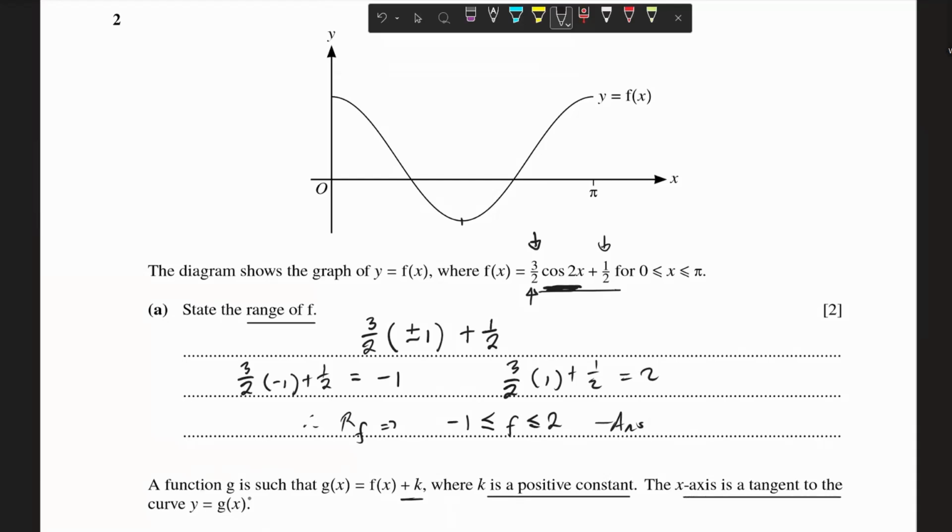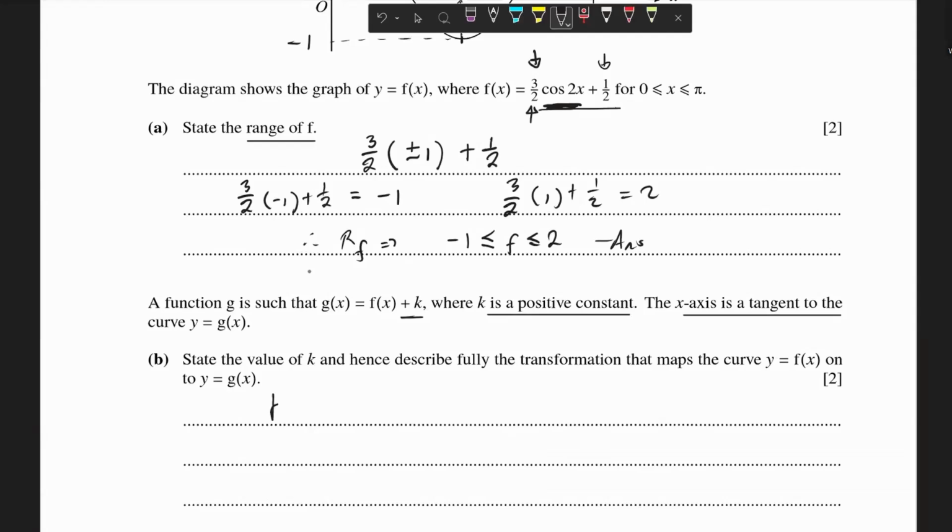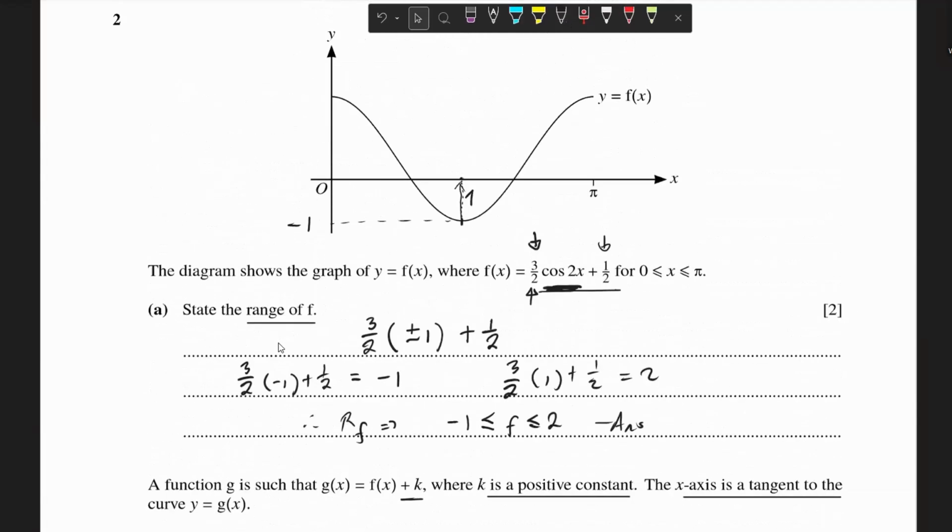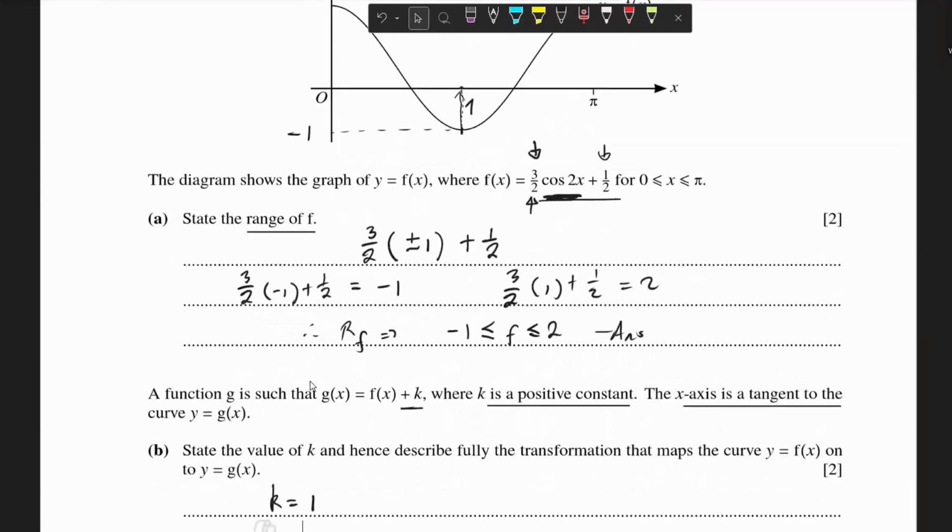So this is when this minimum point, which is at minus 1, remember the range is from minus 1 to 2, moves such that it touches the x-axis and now makes it a tangent. So it is going to move upwards by basically 1 unit, which means that k is 1. So we are saying that the value of k is 1, representing a translation upwards by 1 unit to make this graph have the x-axis as its tangent.